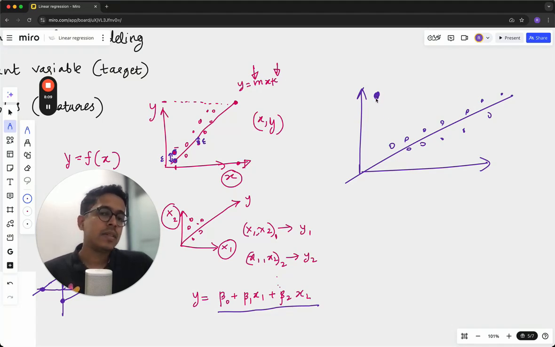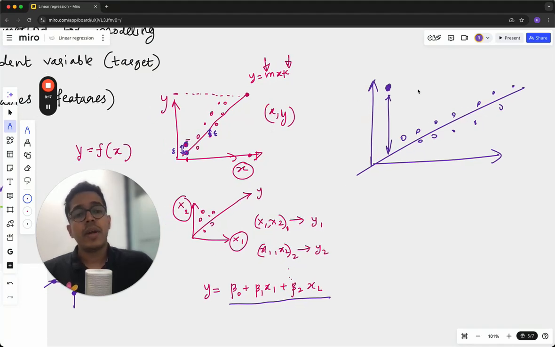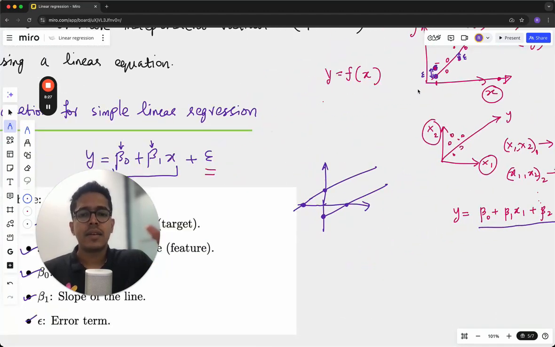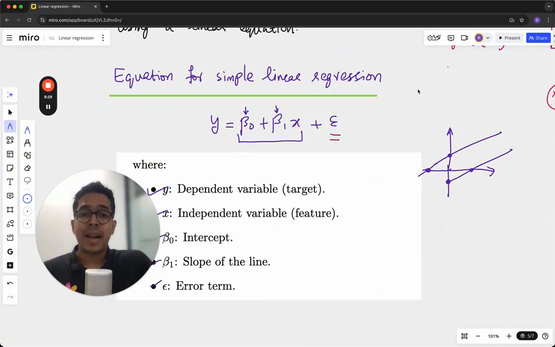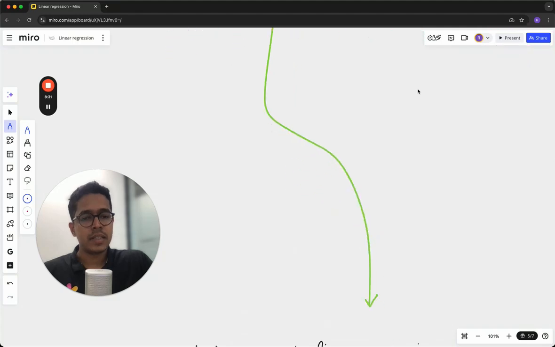But the problem is this is an outlier because the error here is so huge. So often you have to discard the outliers while defining the model. We will not be going into the details of how exactly you find the outliers and how exactly you algorithmically eliminate them. But just understand that for most of the practical purposes, the error term is negligible.